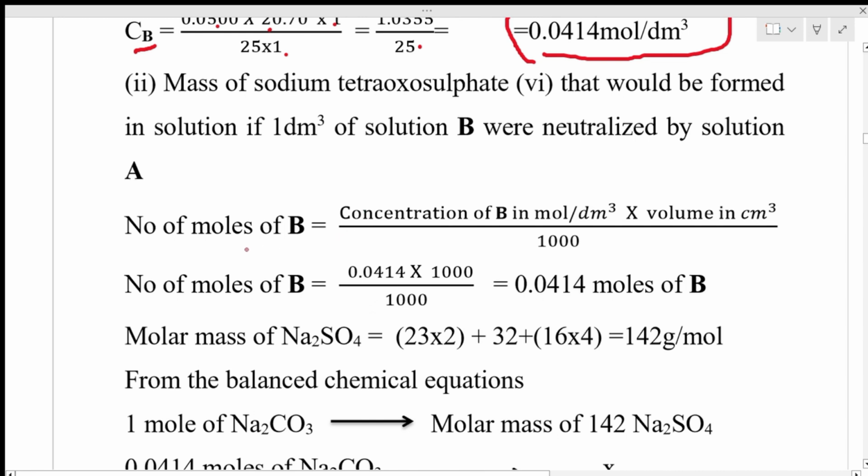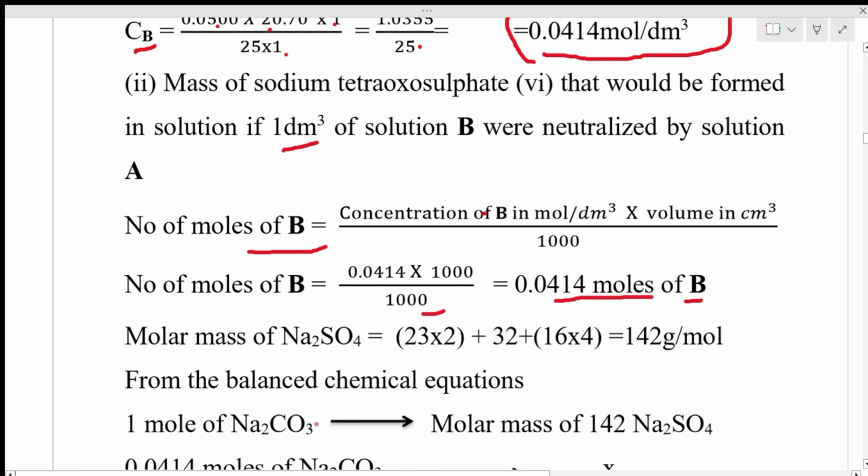I employ this formula: number of moles equals concentration of B in mole per dm³ times volume in cm³ over 1000. Using my concentration of B, 0.0414 multiplied by 1000, which is 1 dm³, equals 1000 cm³, divided by 1000 from the formula, gives us 0.0414 moles. This is now moles of B.